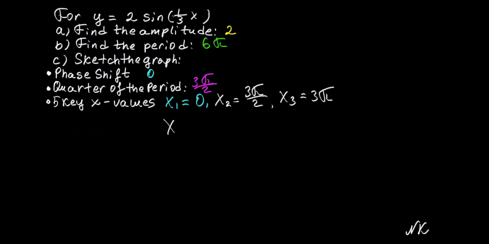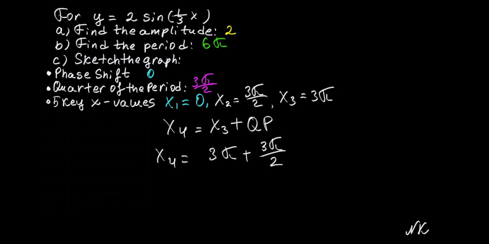The next, x4, can be calculated by taking the previous x3 and adding a quarter of the period to it. So x4 is equal to x3, which is 3 pi, plus a quarter of the period, 3 pi out of 2. We need a common denominator. 3 pi is out of 1. We need a factor of 2 in the denominator.